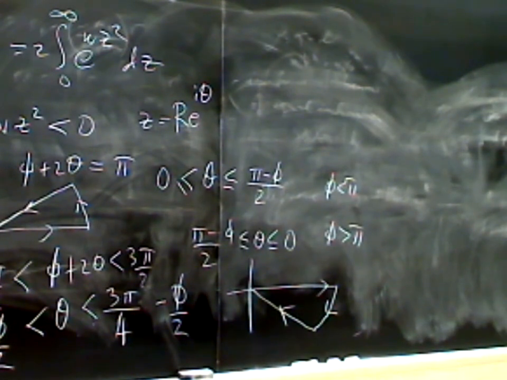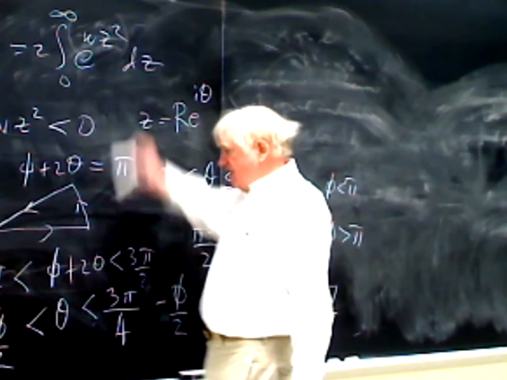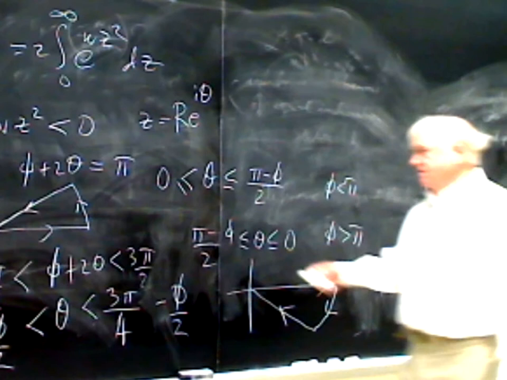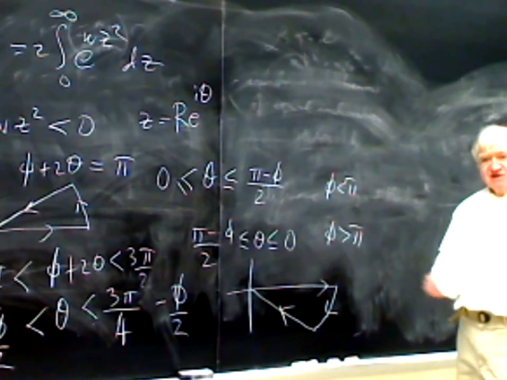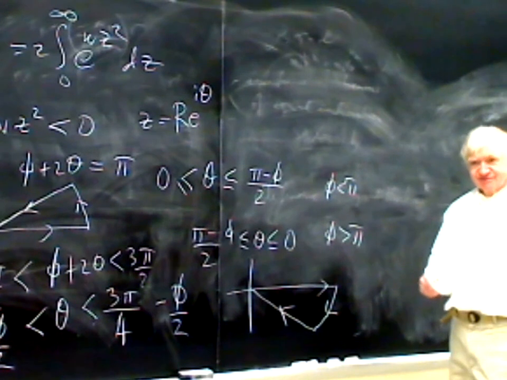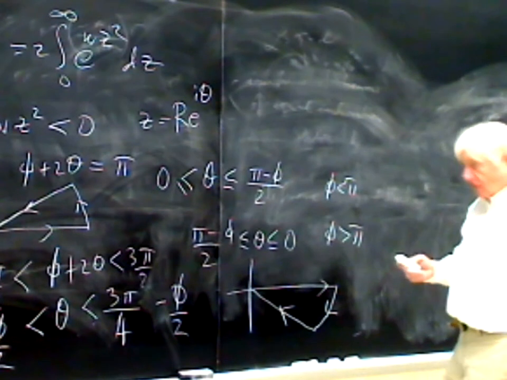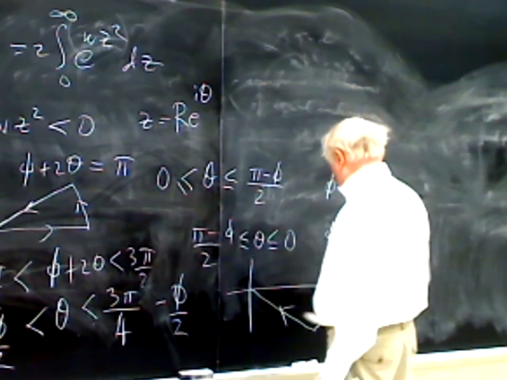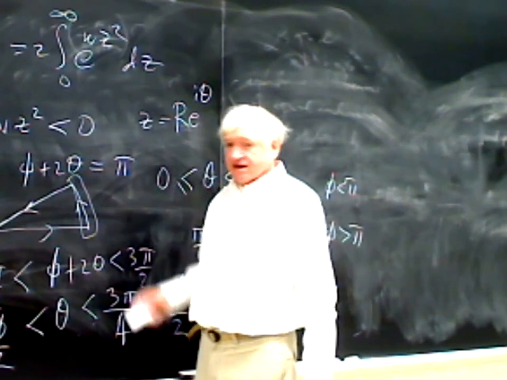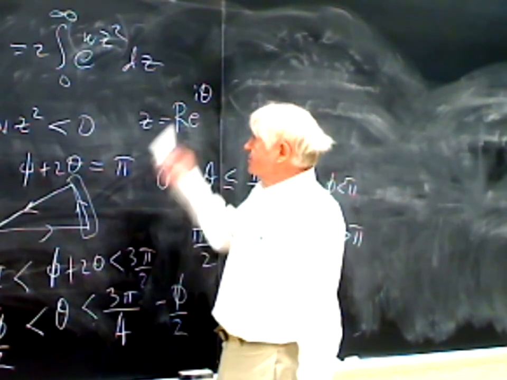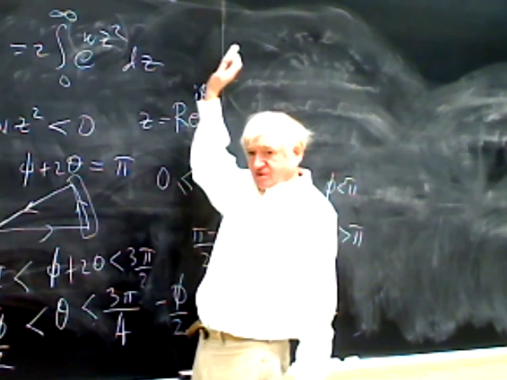And what about this function? Well, this is an entire function. So the integral around the edge of the pizza slice is 0. Also, the integral along here is a ghost contour because the real part of wz squared is negative, and we're shoving the thing out to infinity.